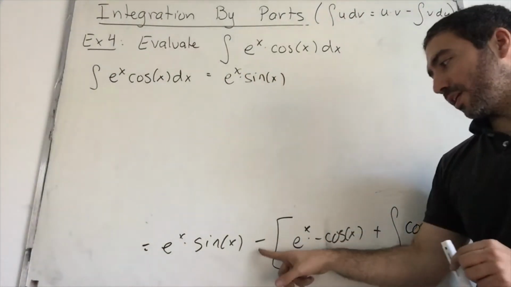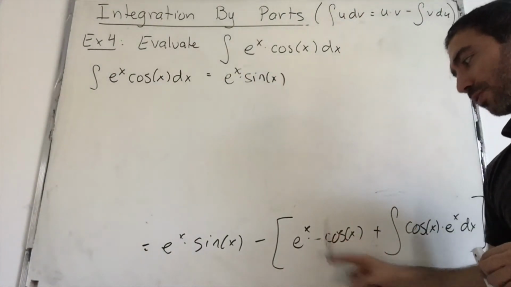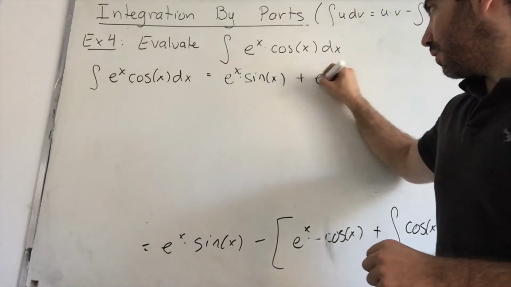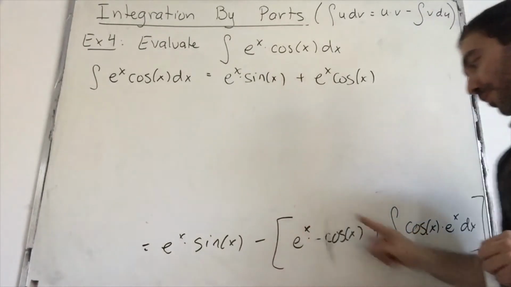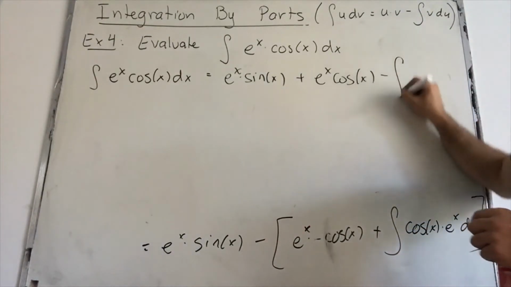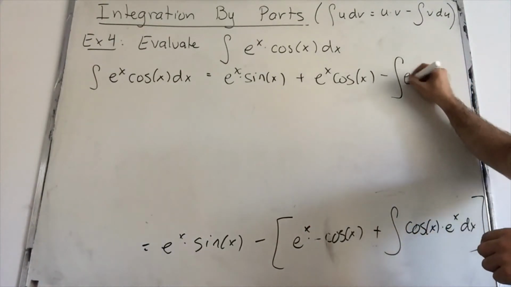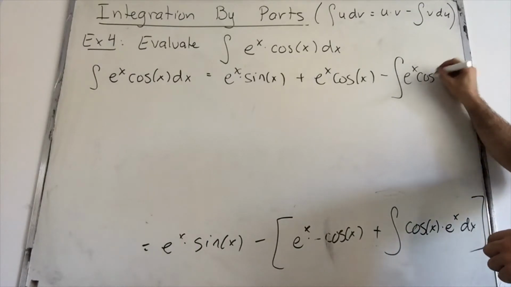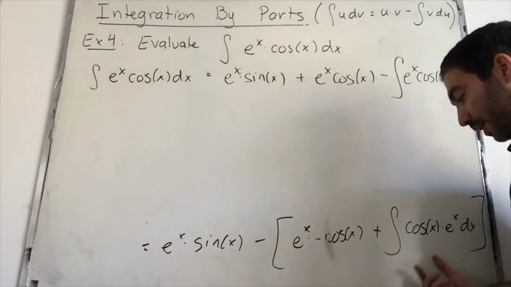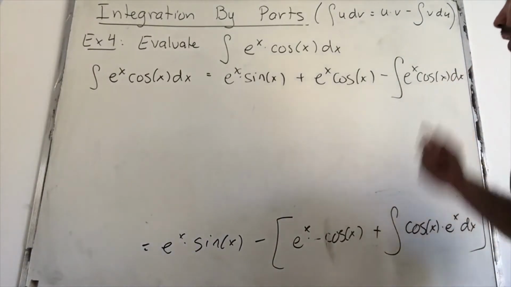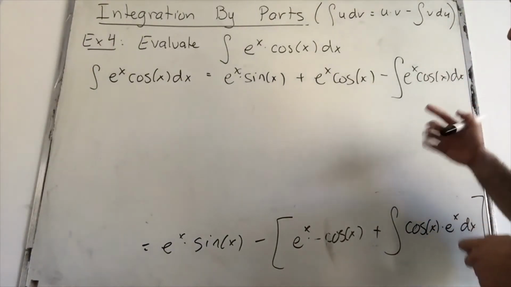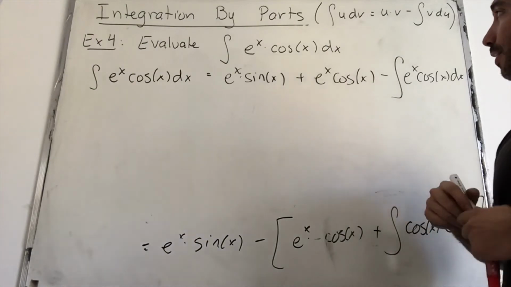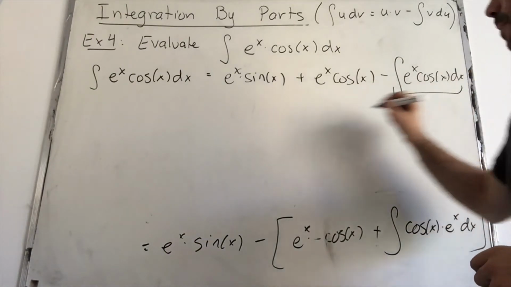We have a minus over here, so it's going to distribute and cancel with the minus that's over here, leaving us with plus e to the x cos x. And then this minus is going to distribute and turn this into a minus, giving us minus the integral of, let's say, e to the x cos x. Multiply here, cos x times e to the x is the same as e to the x times cos x, because 2 times 3 is the same as 3 times 2, so you can flip their order. What you have to notice here is that this thing here is the same thing as what we started with.